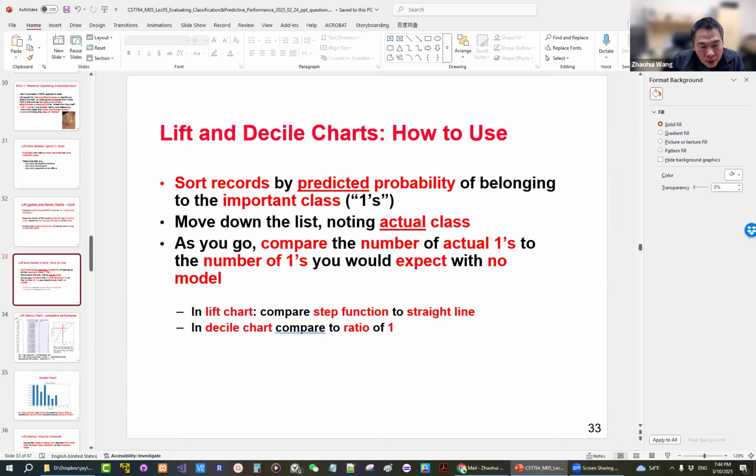Noting the actual class, we have 2 columns. One is the actual class, the other column is for the probability to be class 1. Then we can compare the number of actual 1s to the number of 1s you expect with a naive model.